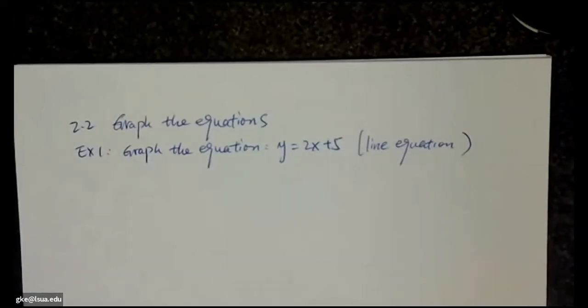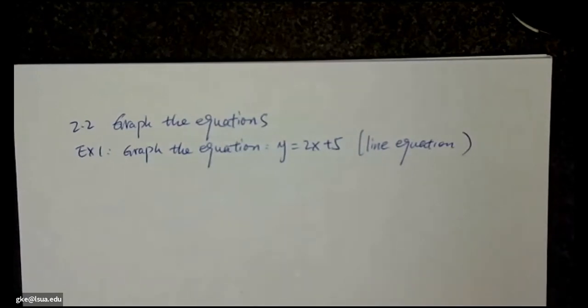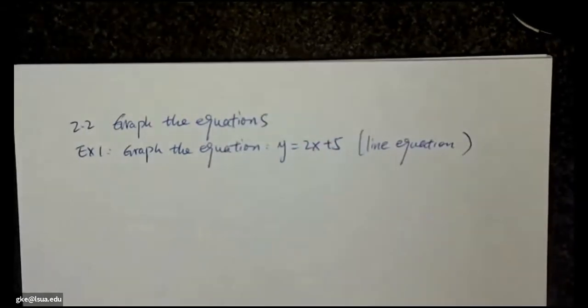So how many points are needed to determine a line? 10? 2. Okay, all right. 2 points determine a line. Now let's take a look at this one. How to draw this line? We just need 2 points, right?